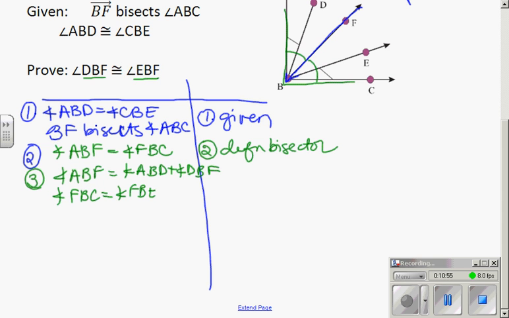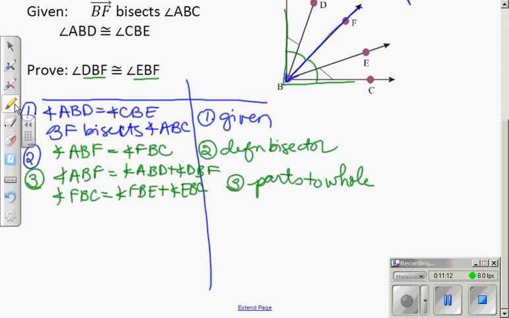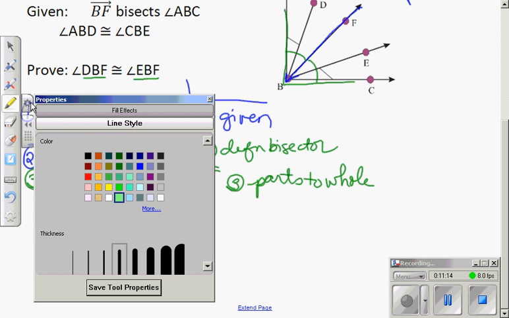And I'm going to say that angle FBC is equal to angle FBE plus angle EBC. And what I'm doing there is parts to whole. I just took the smaller angles and made them equal to the bigger one.